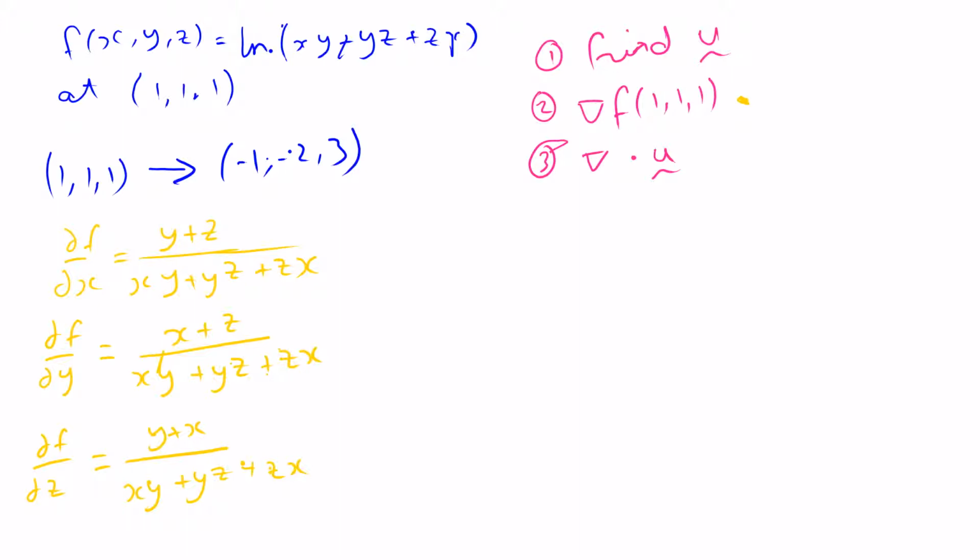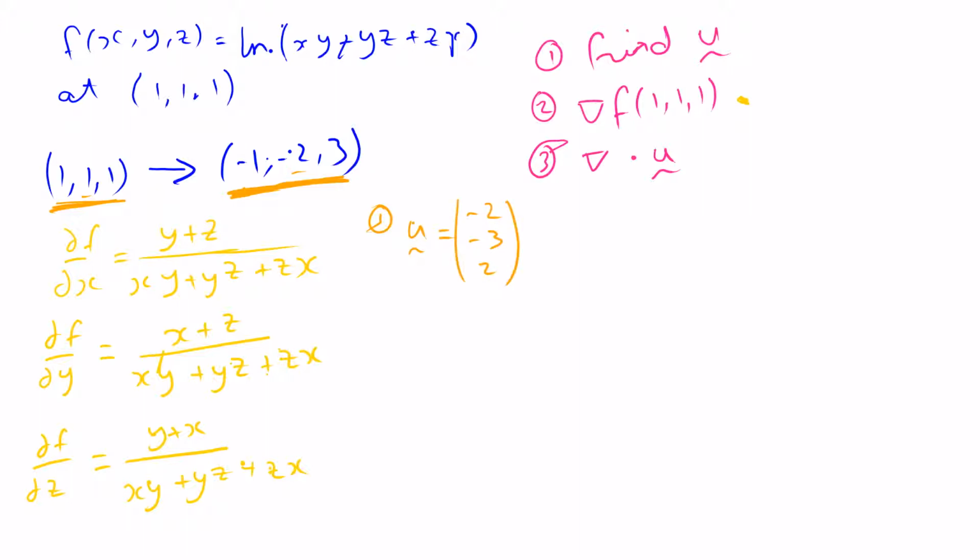So, step 1, we're going to work out u. Now, because we have 2 points, we need to find the vector between them. To do that, we're going to take this set of coordinates here and subtract this one. So the vector is -1 take away 1, which is -2, -2 take away 1 is -3, and 3 take away 1, which is 2.